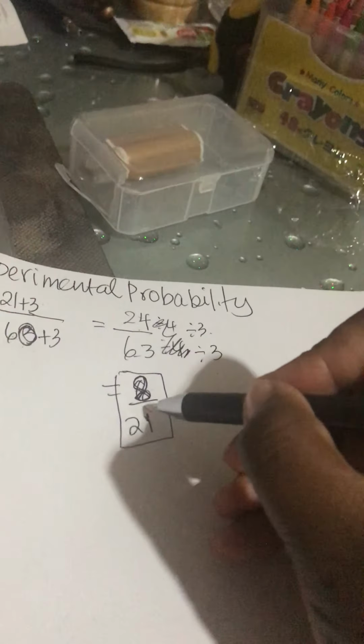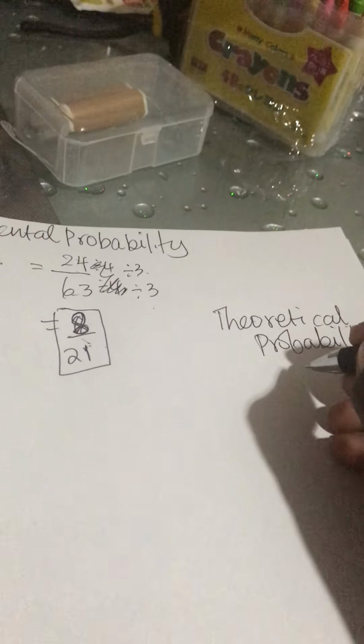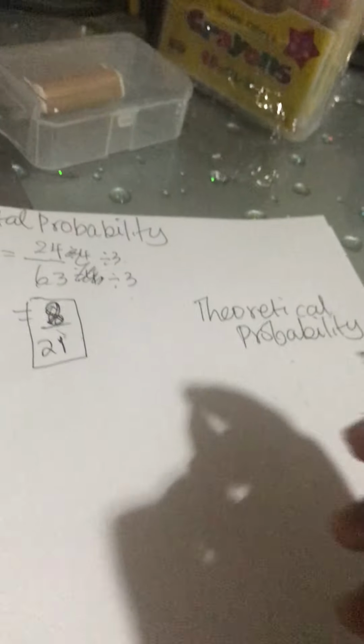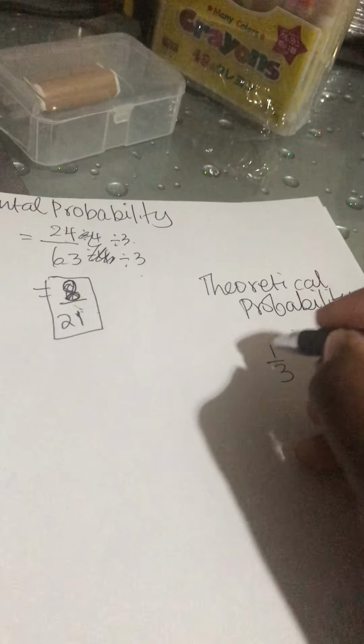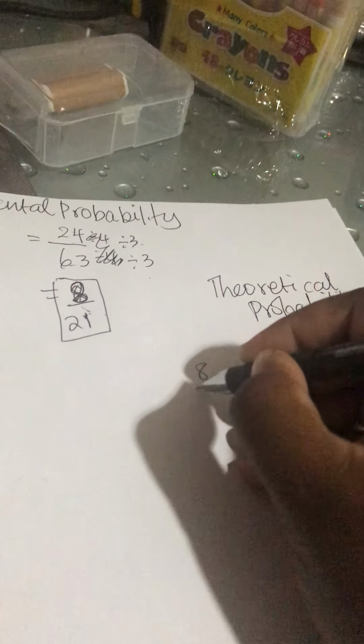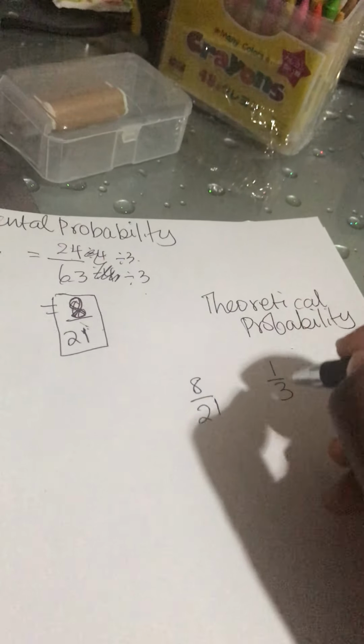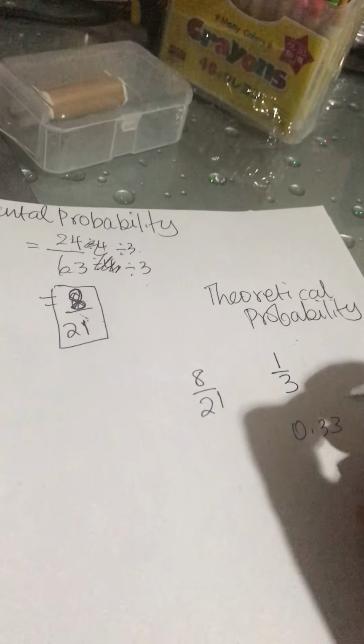So I said the answer for A, I need to compare with theoretical. How many green in my spinner? 1. 1 out of 3. So now I need to know the decimal for each. So I know this is 0.33.